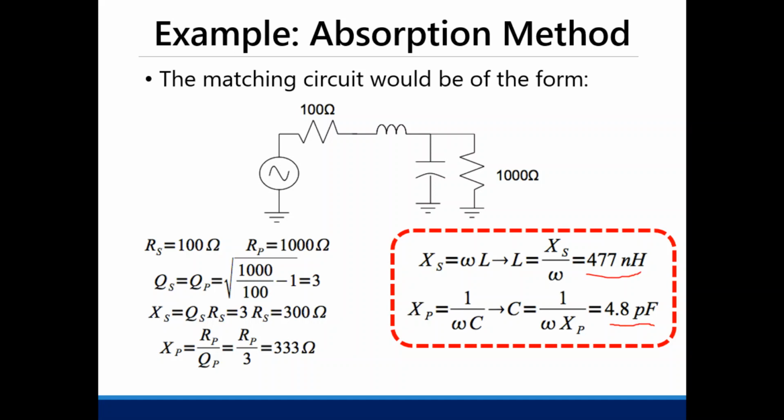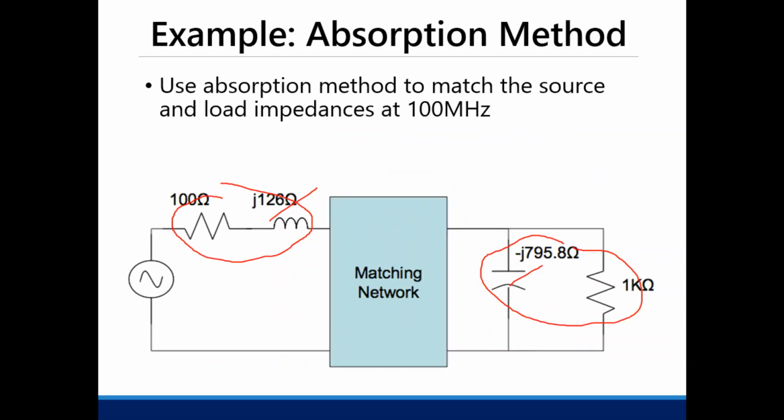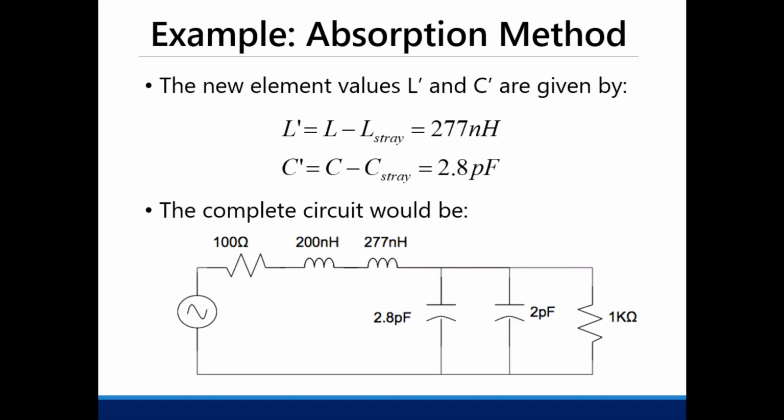To get the inductance of our matching network, since we already have a stray inductance right here, we just need to subtract the stray inductance present in the circuit, and we get the inductance for our matching network to be 277 nanohenry.